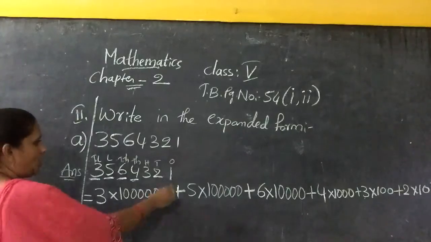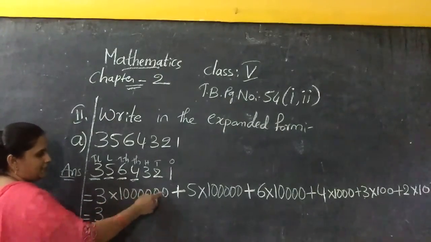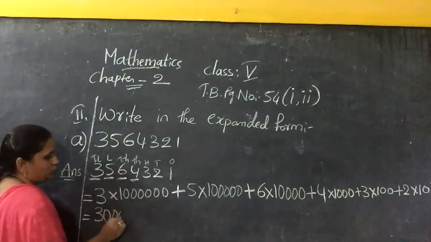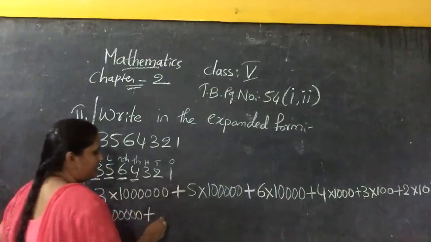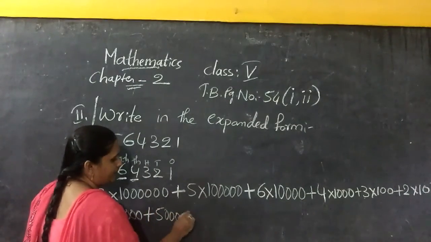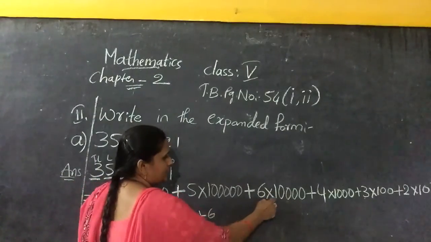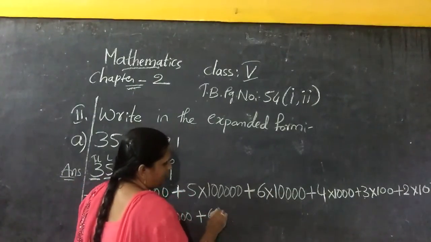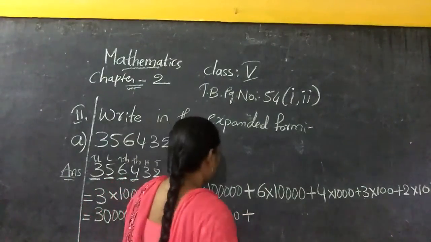Now multiply all this. 3 ones are 3, so 3 followed by 6 zeros. Put a plus symbol. 5 followed by 5 zeros. Plus 6 followed by 4 zeros. 6 ones are 6, and write 4 zeros and keep a plus symbol.